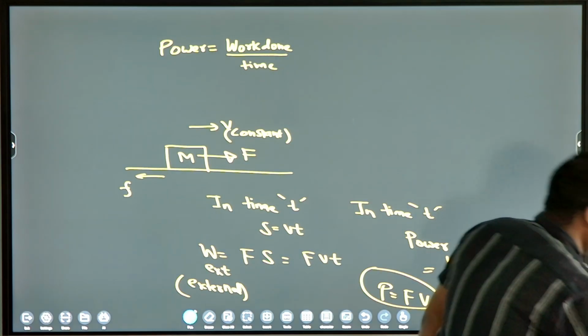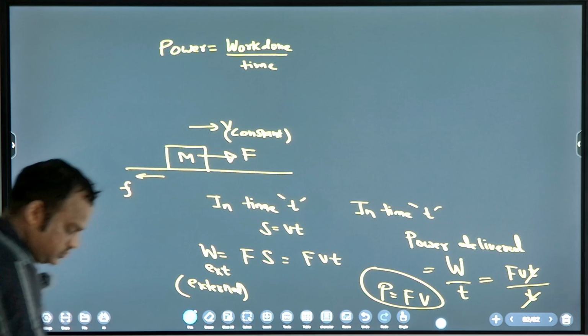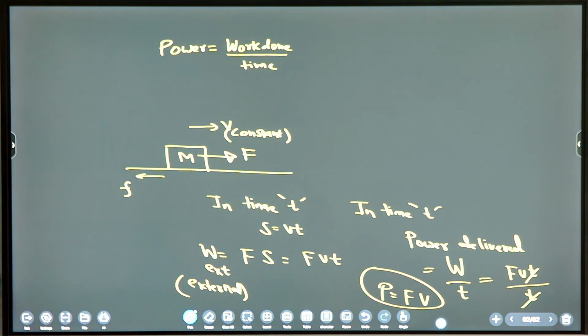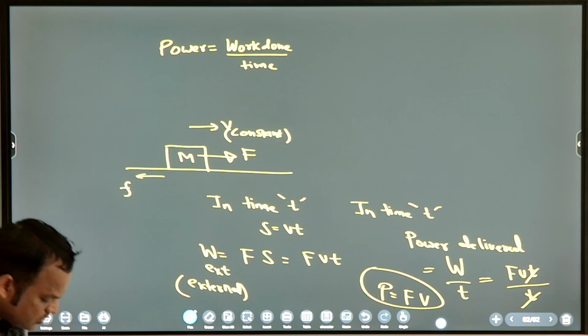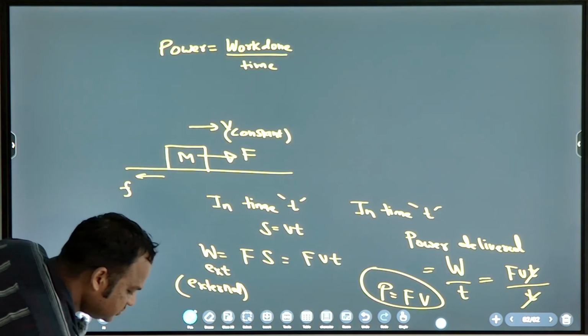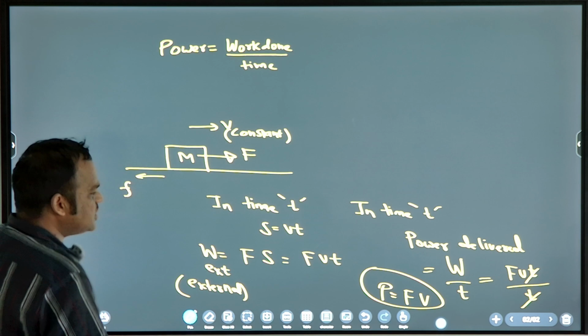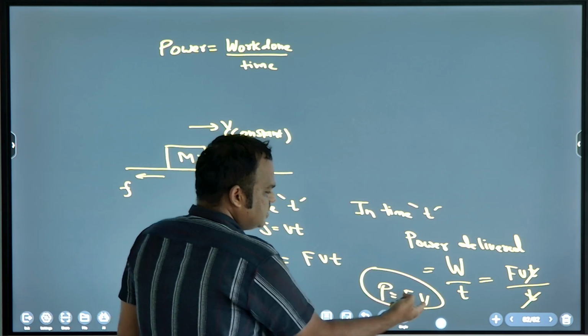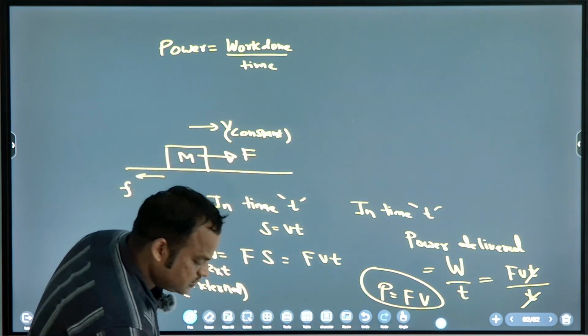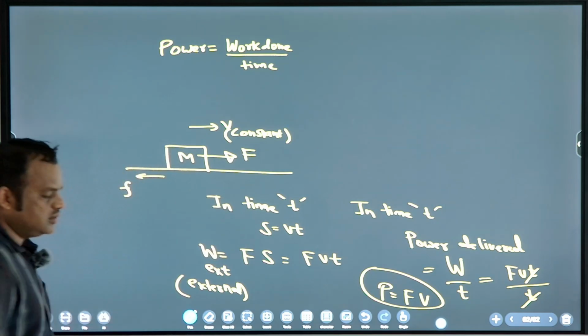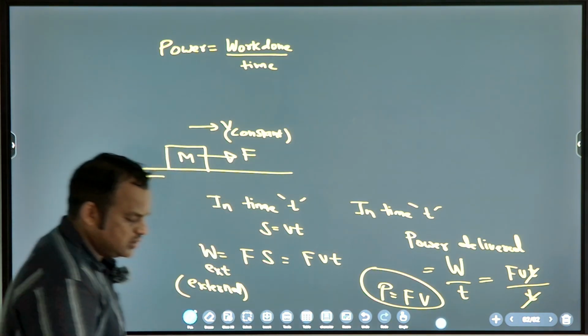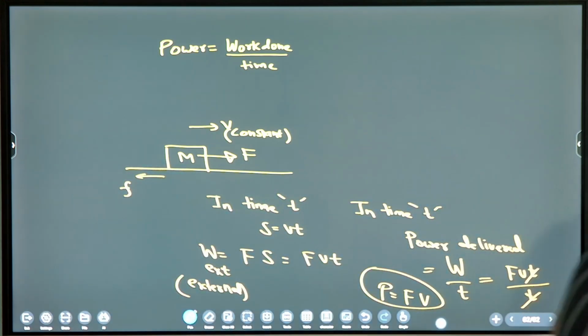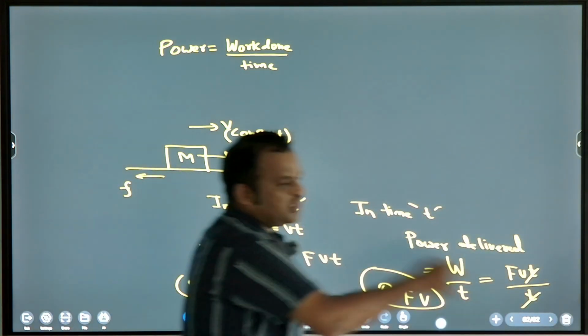Now, suppose a small child comes. It will slowly move the chair, right? So what is less? Force is less. Velocity is also less. But now a big person will come, so it will move very fast. Now what is the difference?